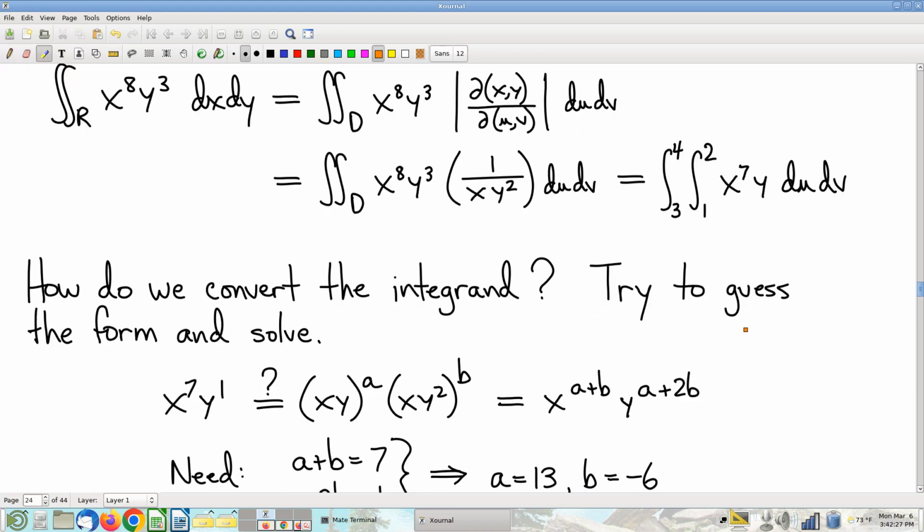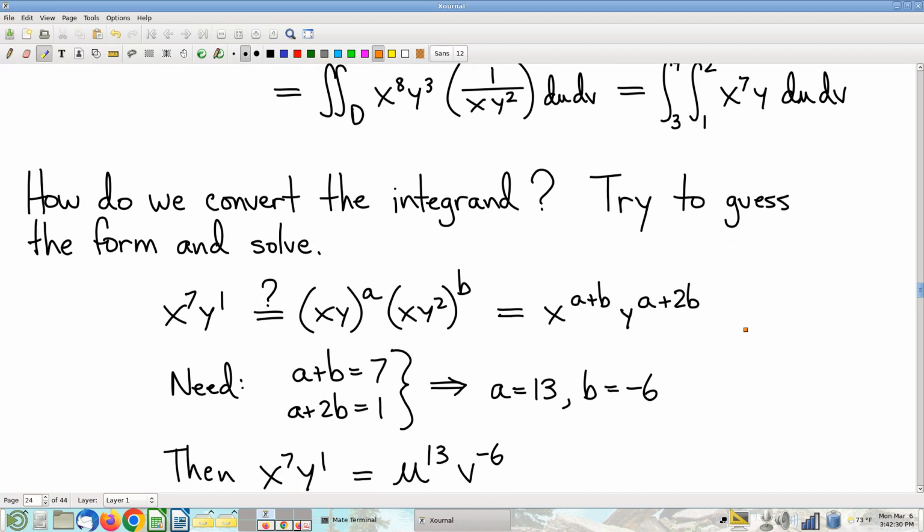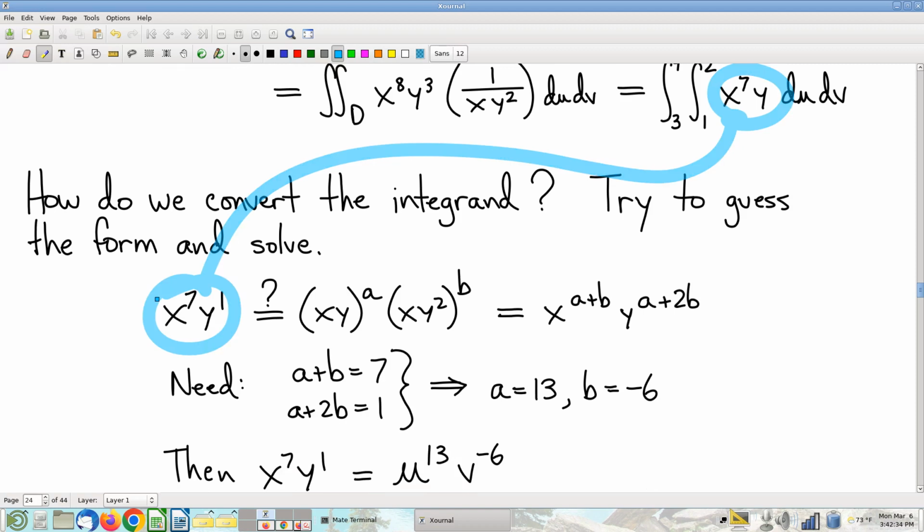In this case, I'm going to show you how this plays out, and I want to emphasize that how you rewrite your new integrand in terms of u and v is going to be different for every example. It depends on the nature of your change of variables function and the nature of your integrand. But this is a broad stroke strategy that you can follow. Here we go. This is the thing that I need, x to the 7th times y.